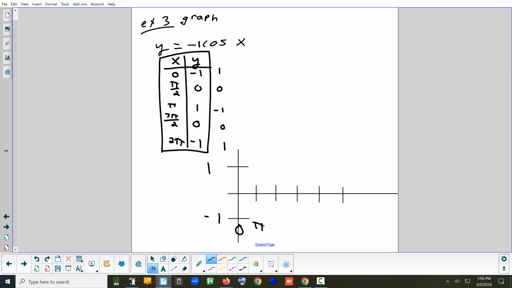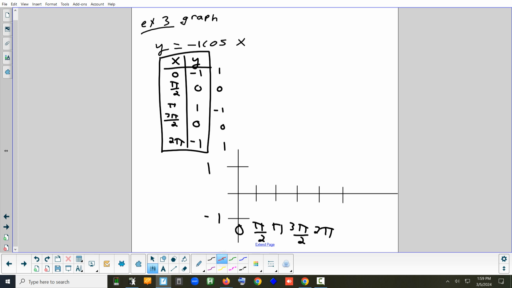But you do need to label these, because I'm not going by ones on the x-axis. What are we really going by in degrees? 90s. Or if you're counting it as radians, you're going by pi over 2s.